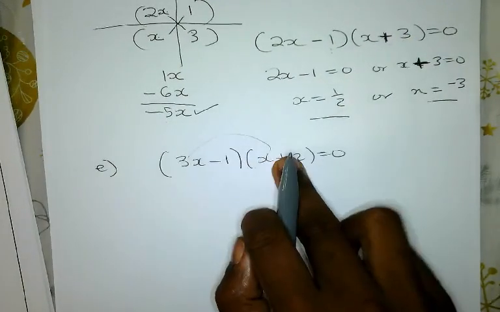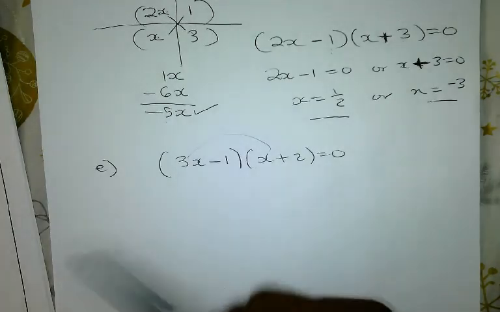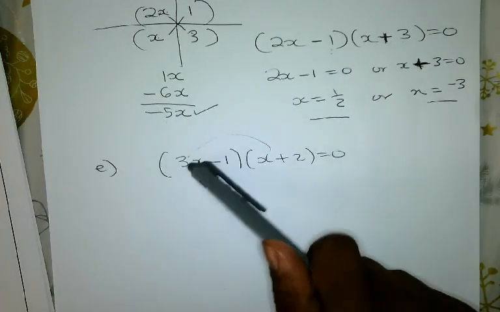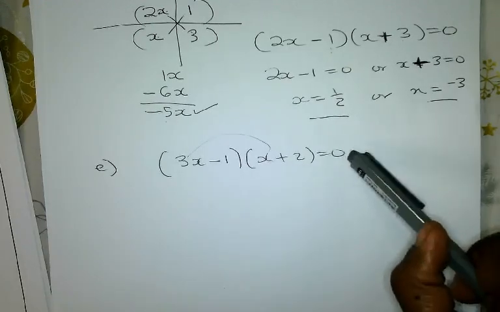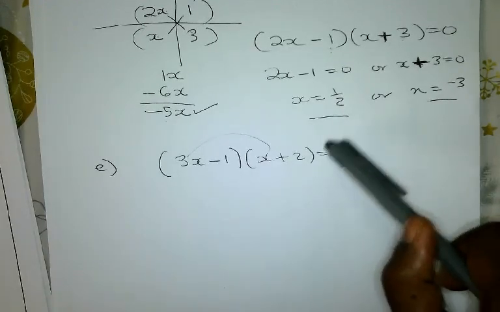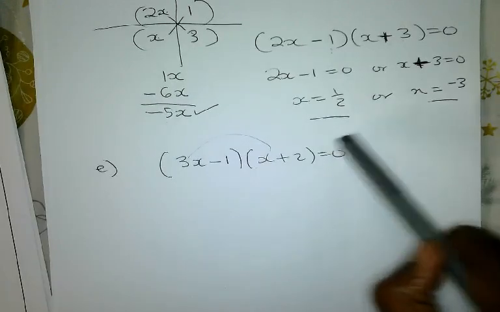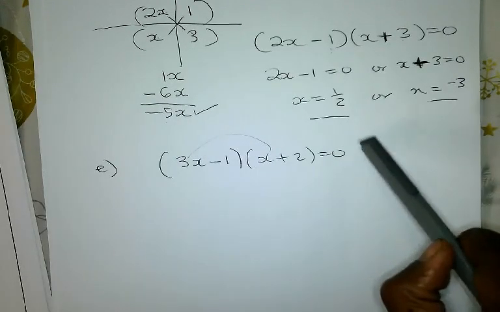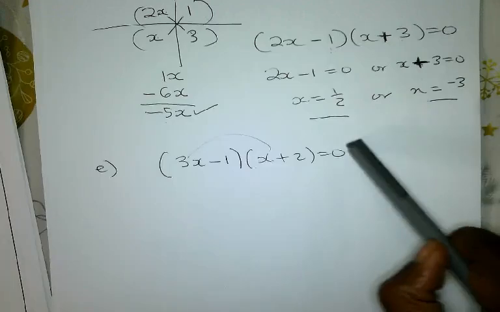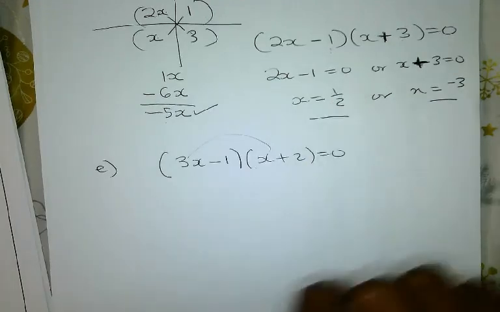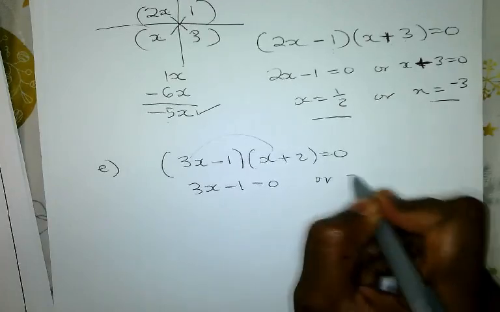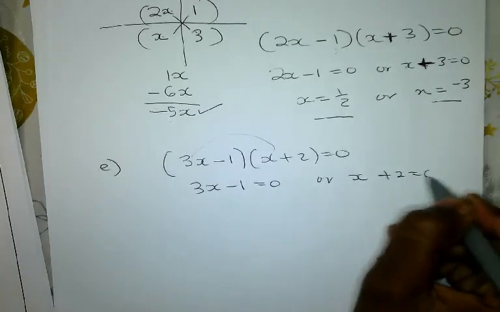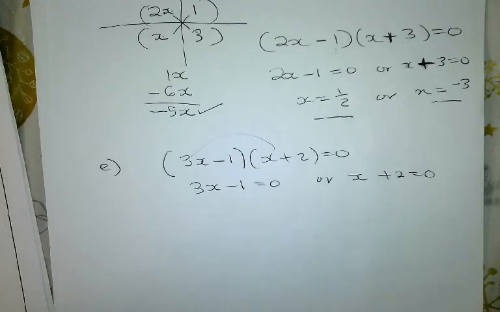So if your equation is given as this, already here it's a 0. There is no need for you to multiply in. You can just apply the zero factor law because the equation is already equal to 0. So I'm going to say 3x minus 1 equals to 0, or x plus 2 equals to 0. There is no need for you to expand because it's equal to 0.